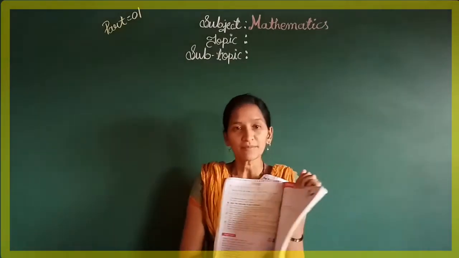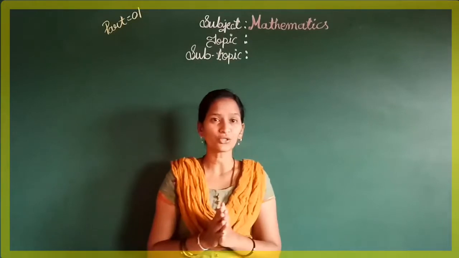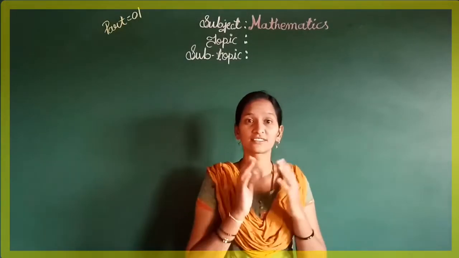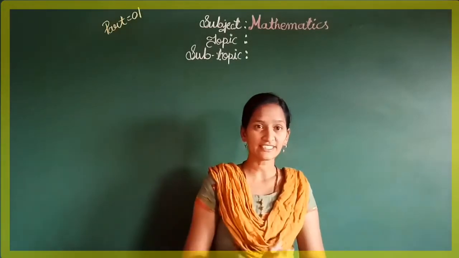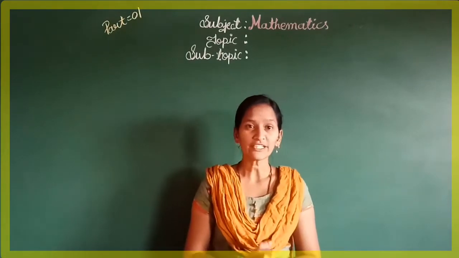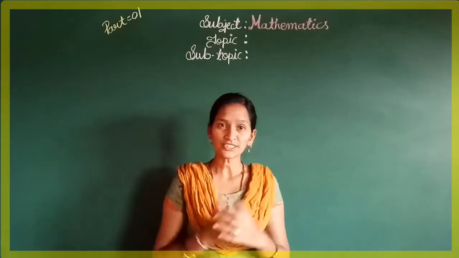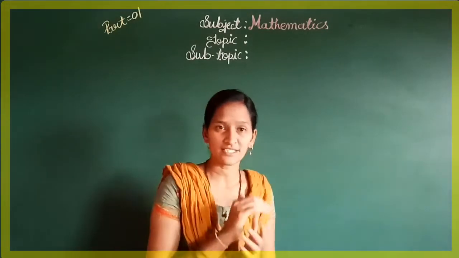Yes, my dear students, in the first class you already know how to draw some pictures like star, ball, circle, square, rectangle, triangle, right? You already know how to draw these pictures. So by using that, in the let's recall part, they gave some pictures.